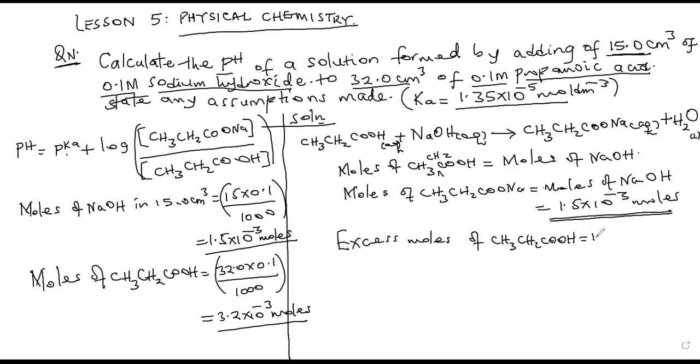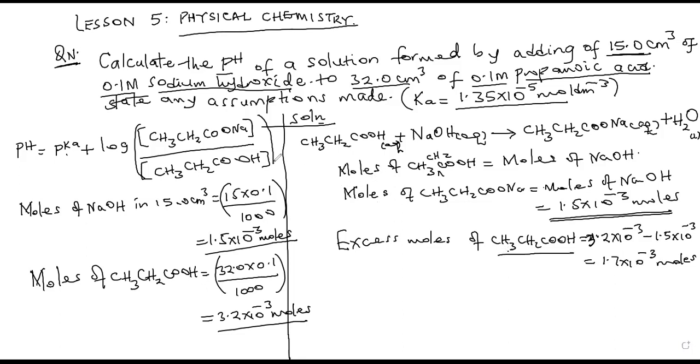So we shall have 3.2 times 10 to the power negative 3 minus 1.5 times 10 to the power negative 3. So excess moles of propanoic acid are going to equal 3.2 minus 1.5, that is 1.7 exponent negative 3 moles. Ladies and gentlemen watching me, we have to get moles of excess.